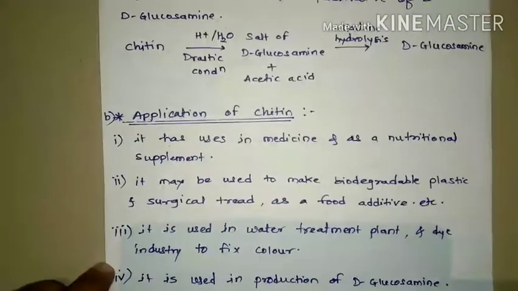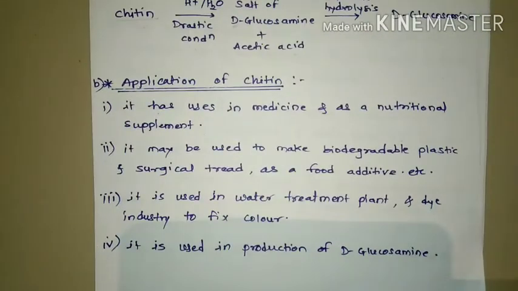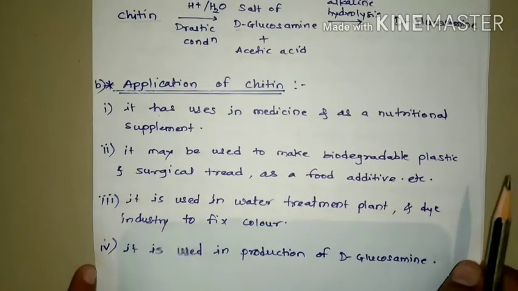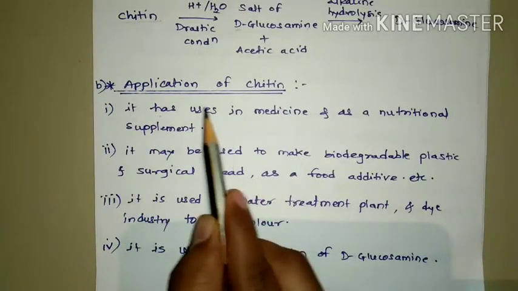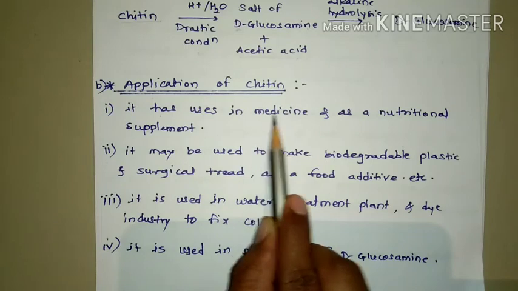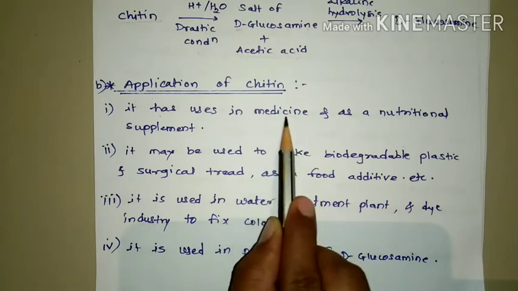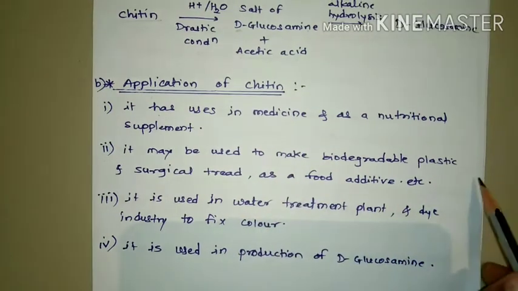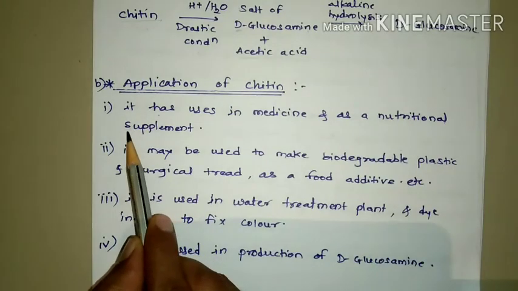Then the next one is the application part. Application of chitin. First, it has use in medicine. Chitin is used in many ways to prepare medicine and as a nutritional supplement.